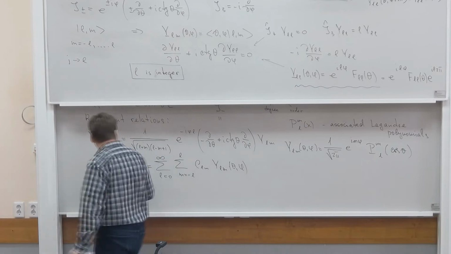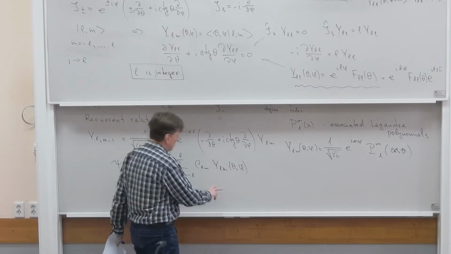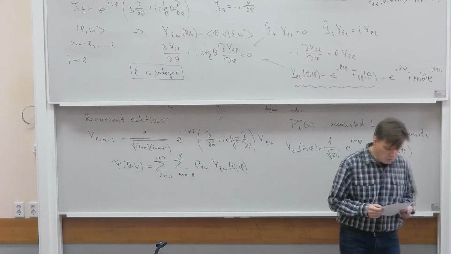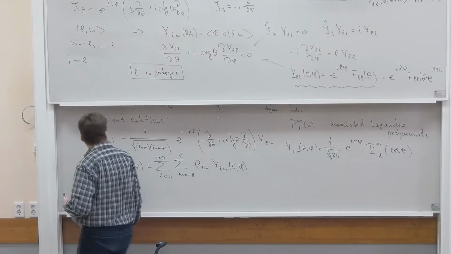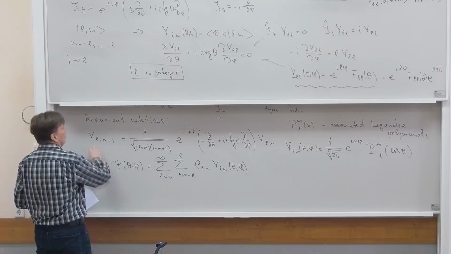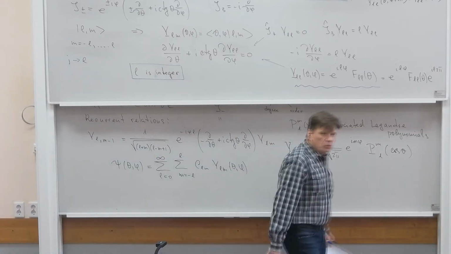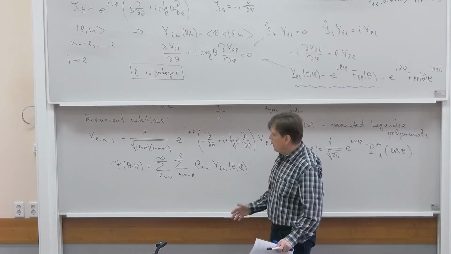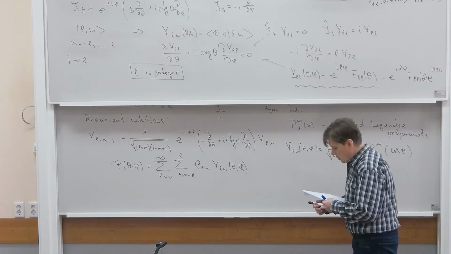And any such function can be expanded into a series over the spherical harmonics. So this proves that this basis of eigenfunctions for the Hamiltonian of the rigid rotor is indeed a complete set of eigenvectors.